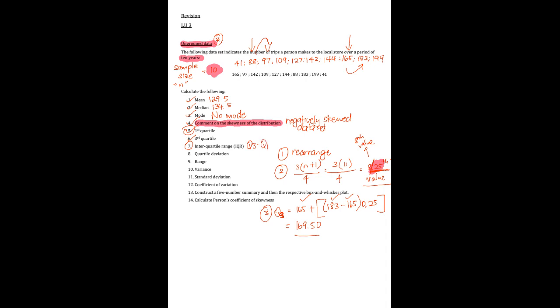So it's simple in the sense that if you already have Q3 and Q1 calculated, all you have to do is simply work out the difference between them. Now we already had these calculated. Q1 was 94.75, and we just calculated that the third quartile was 169.5. So I'm just going to erase here.